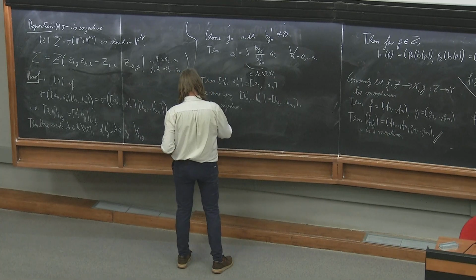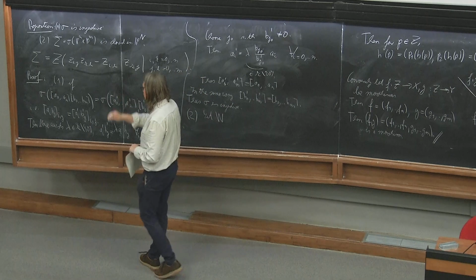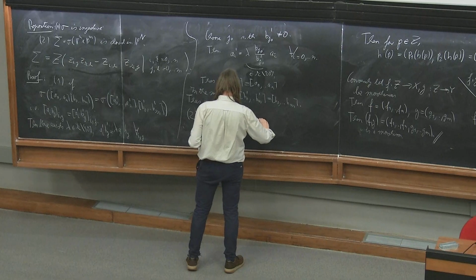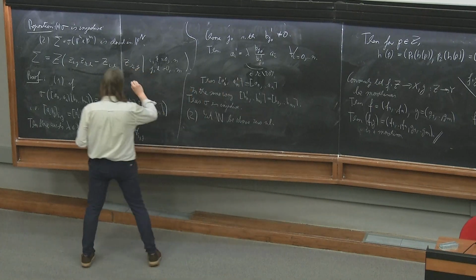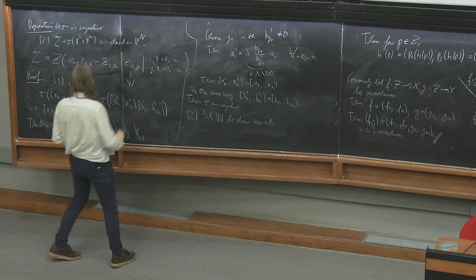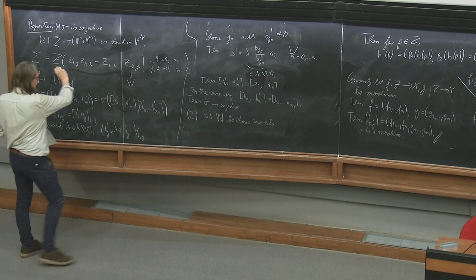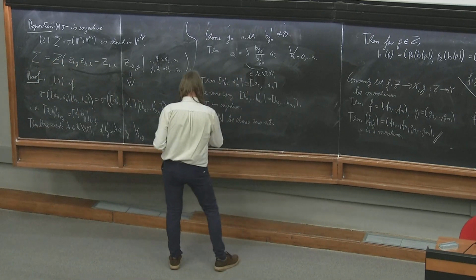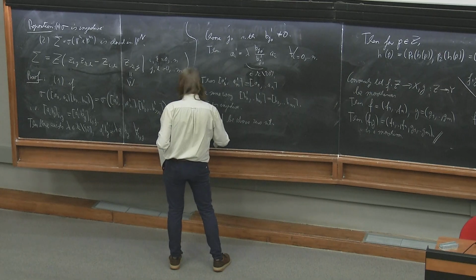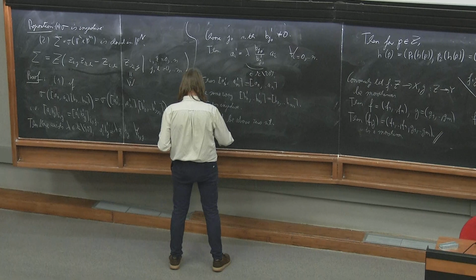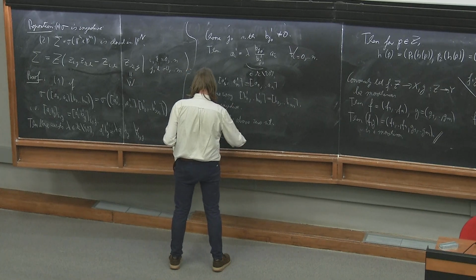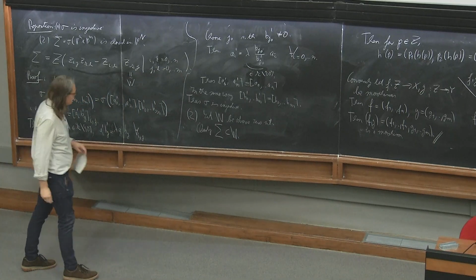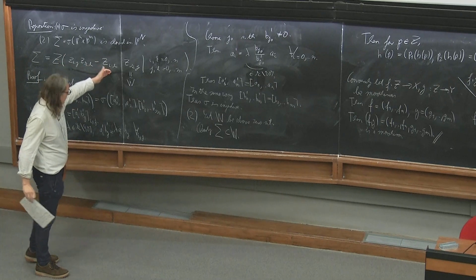So let W be the above zero set. So I define W to be this whole thing. Clearly sigma is contained in W. Why is that? If we are in the image, what do we have?